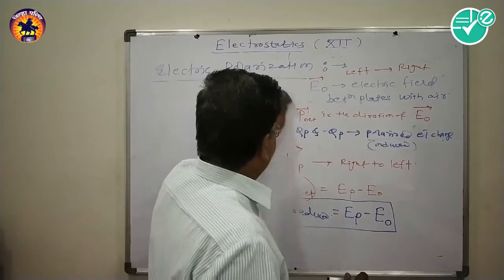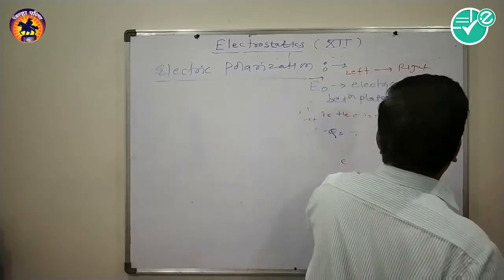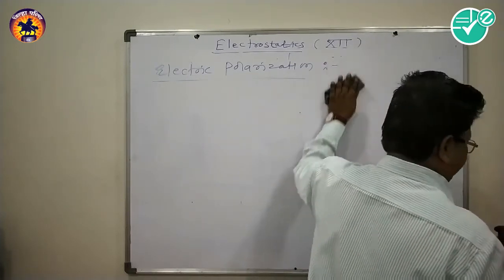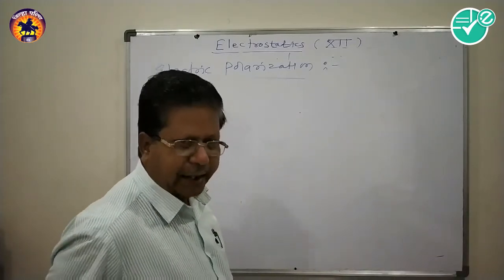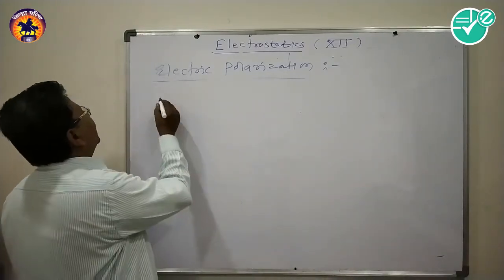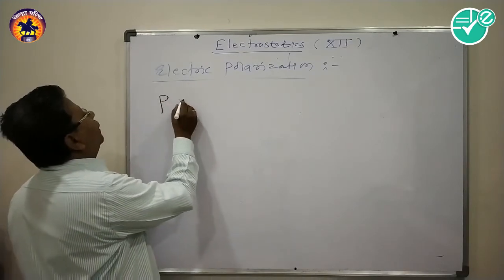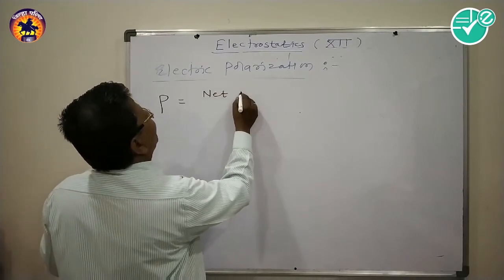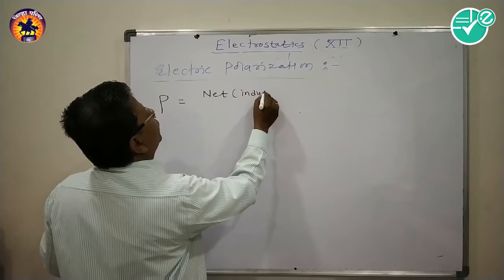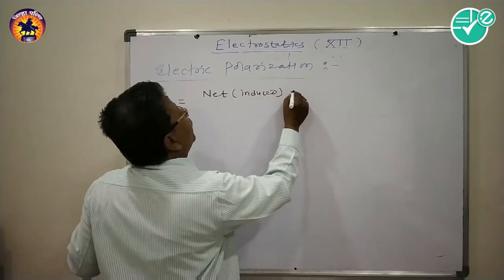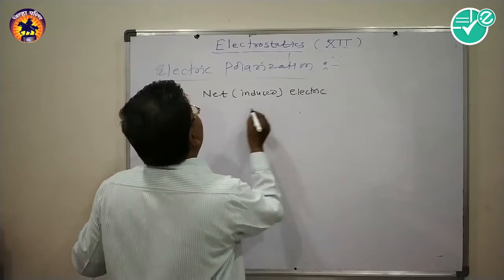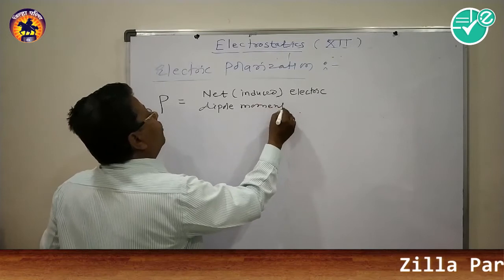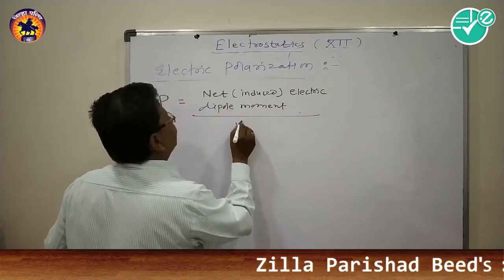Now electric polarization is a vector quantity, and it can be defined as follows: electric polarization P is equal to net or induced electric dipole moment per unit volume.